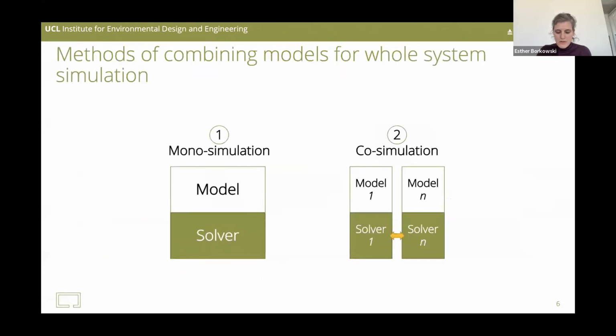Two common methods of combining models to simulate whole systems are either standalone simulation, also called monosimulation, and co-simulation. In monosimulation, a system is represented by one model that is executed in a dedicated simulator, and this method is used in most of the building performance simulation tools that we use.